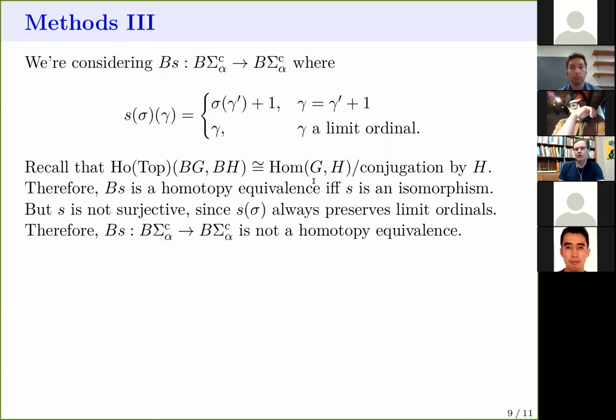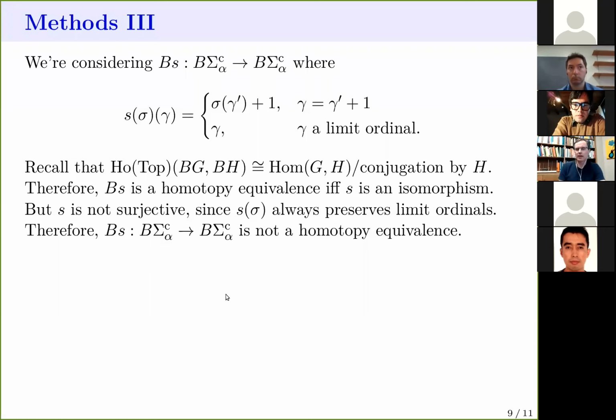But something conjugate to an isomorphism is an isomorphism. And that would mean that our homomorphism is in fact an isomorphism. If it has an inverse that gives a composite that's an isomorphism, then it had to be an isomorphism. So this map S is not an isomorphism though, because it's not surjective. It produces permutations that always preserve limit ordinals, and there are certainly permutations that don't do that. So it's not an isomorphism, so this map is not a homotopy equivalence.